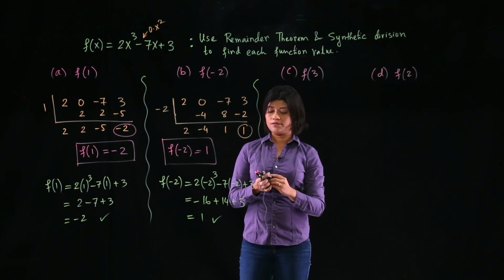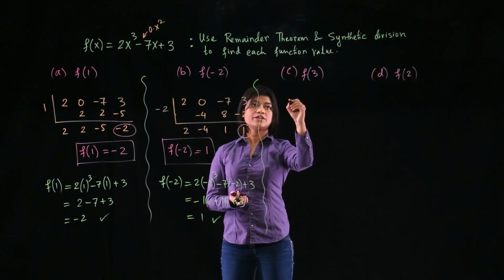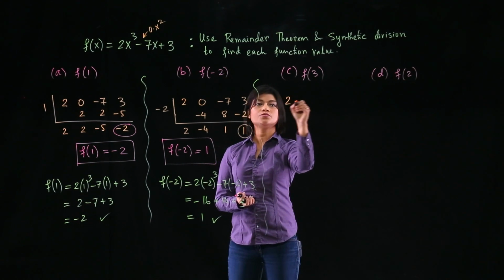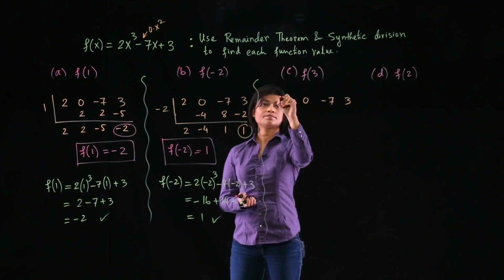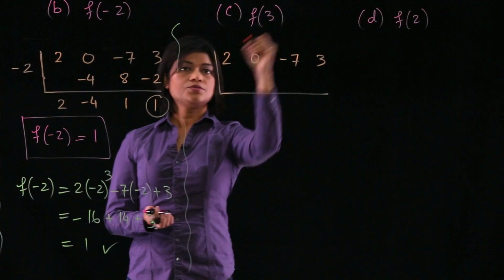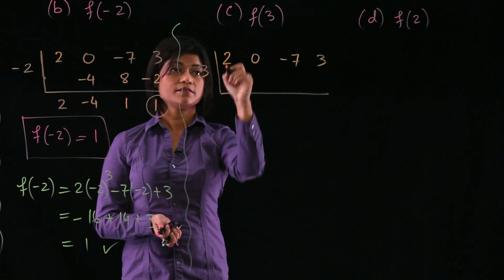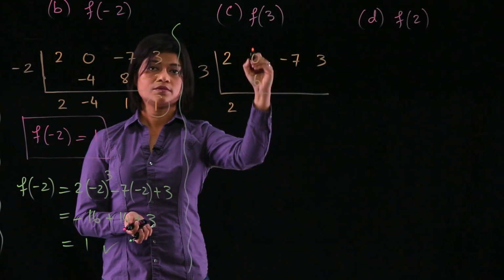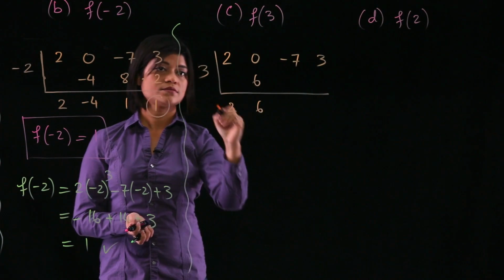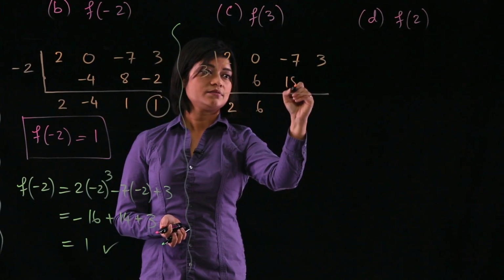For C, we need to figure out f of 3. Write down the same coefficients again, 2, 0, negative 7, 3, and use this number 3. And perform synthetic division again. Bring down 2. 2 times 3 is 6. Add 6 plus 0 is 6. Then 3 times 6 is 18.